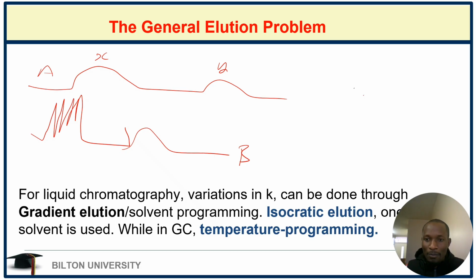You need to go back to optimizing column resolution. So you need to play around with and manipulate the GC. You can play around with the solvent system. Maybe you run 90% hexane and 10% DCM, and now your A looks like this.